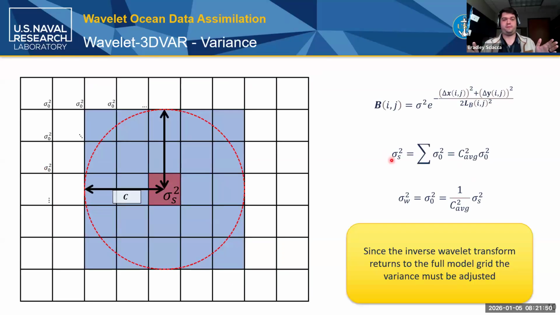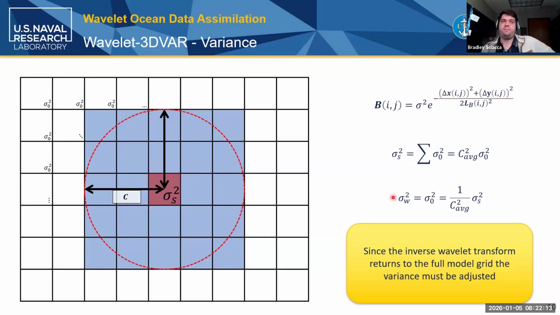And one final thing about the wavelet method is we had to account for the variance. The superobs are performed to this footprint here on the model grid, but wavelets are now at a per grid basis. So our variance needed to be modified to include that.